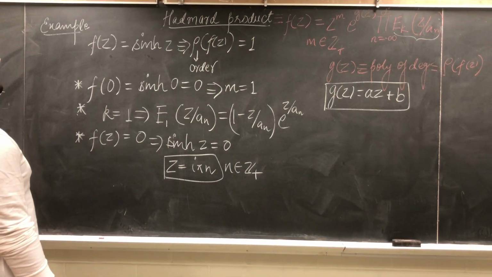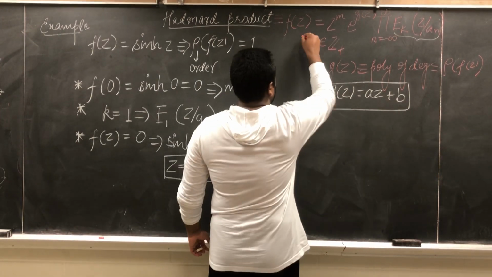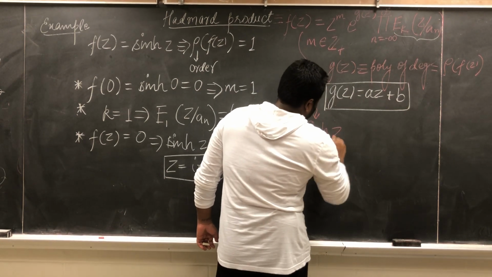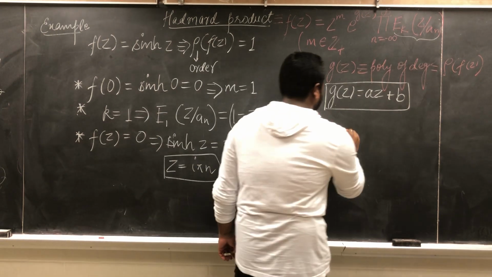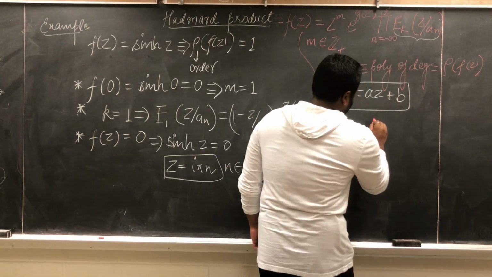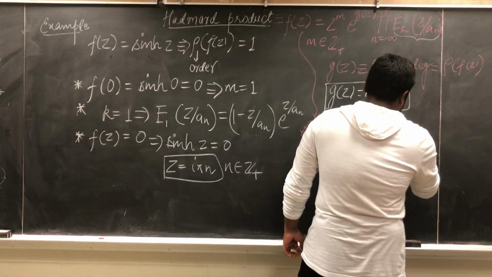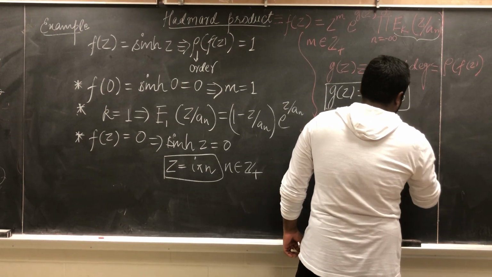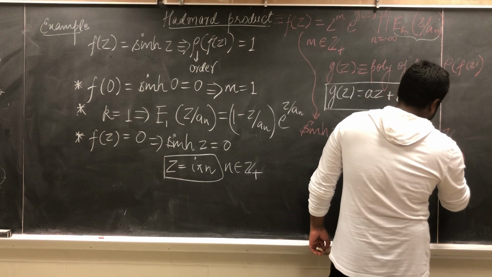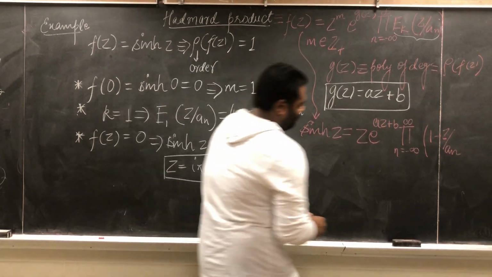So this means that technically sine hyperbolic of z is z, because m is 1, times exponential of az plus b, times the infinite product of 1 minus z over an, but an is nothing but i pi n, right?